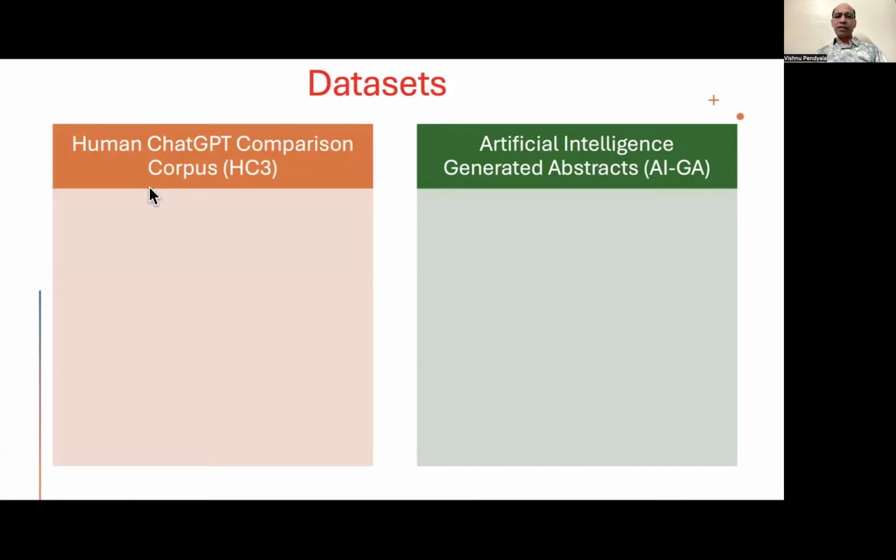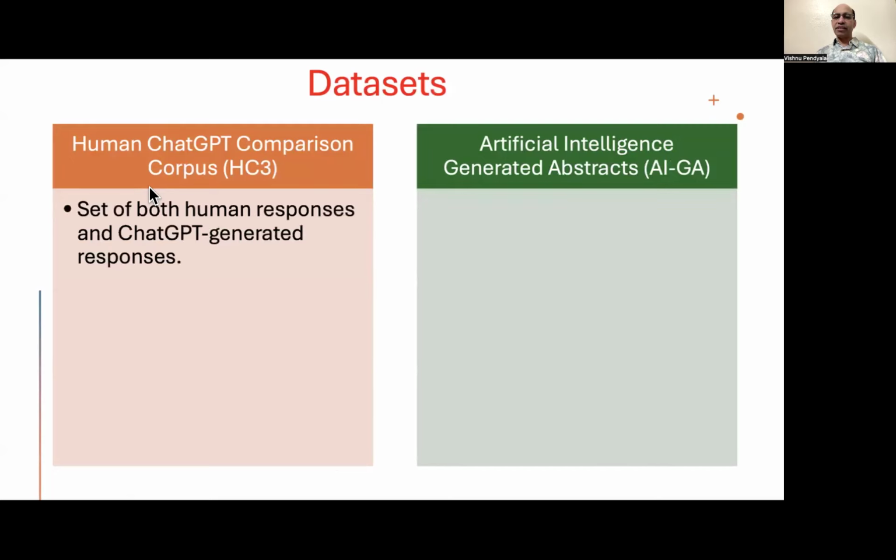So for our experiments, we used two data sets. HC3 is a question answering data set based on the public human ChatGPT comparison corpus. Its main objective is to compare and examine the variations between responses produced by ChatGPT and human respondents.